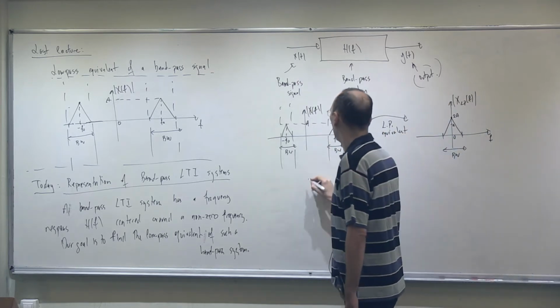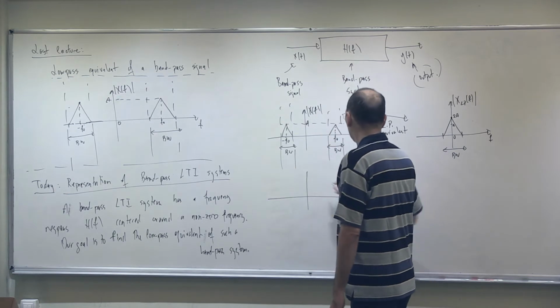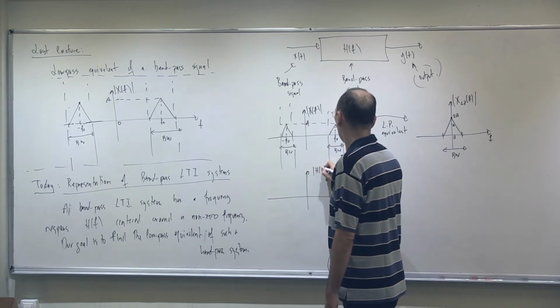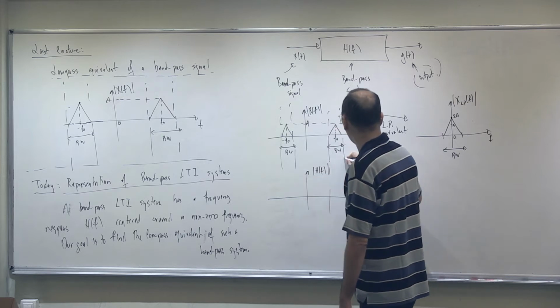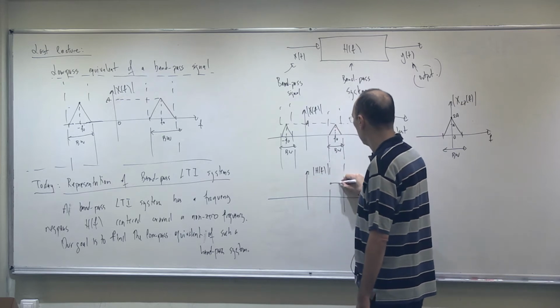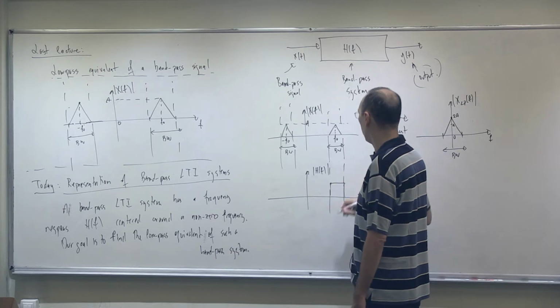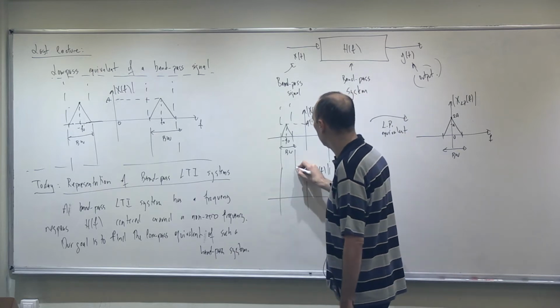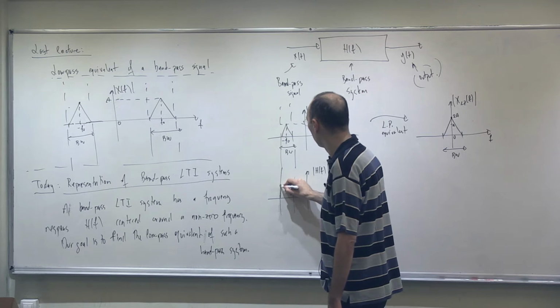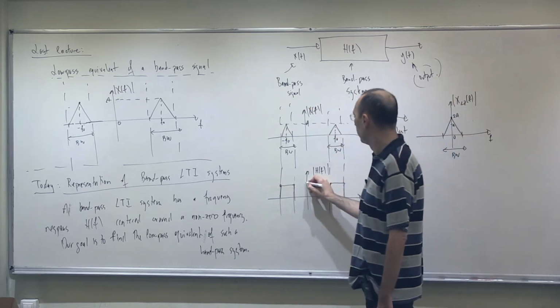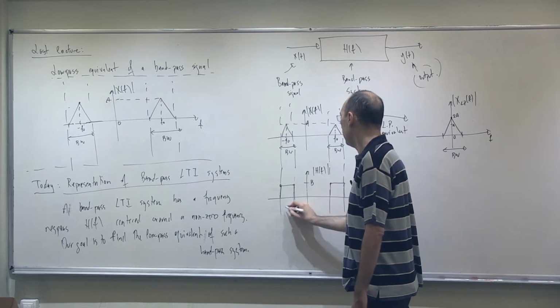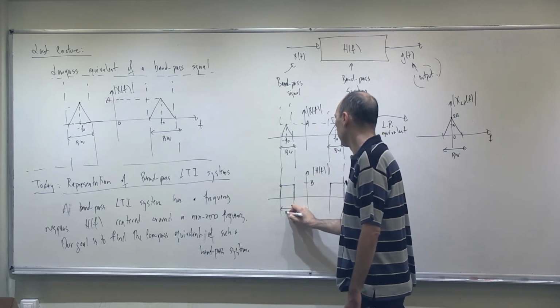Okay. Now this is what we know. This is about the input. So let me do the same thing for H of f. So let me sketch this. H of f is, let's say, flat over here, just for the sake of simplicity. It's an ideal bandpass filter, let's say. So its level is at B. This is the same bandwidth.